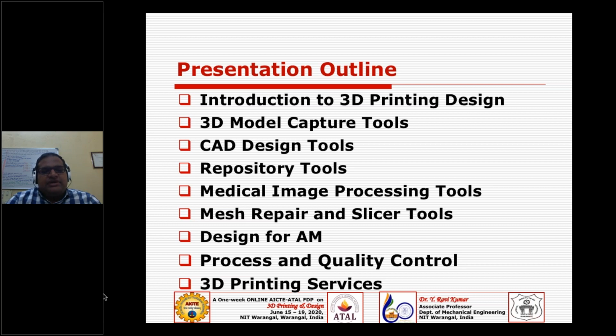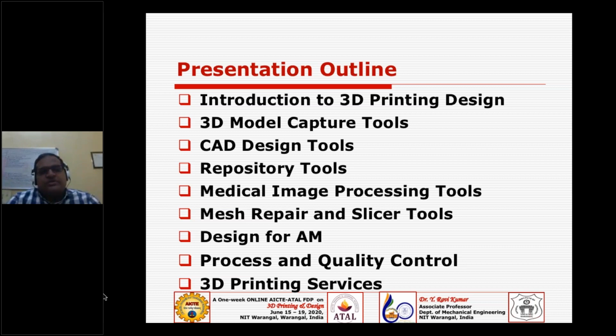In a recap, yesterday what we concluded is for 3D printing, we need to have a digital model in order to fabricate any component or any product or any assembly.